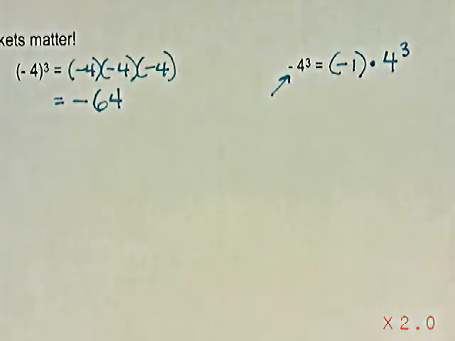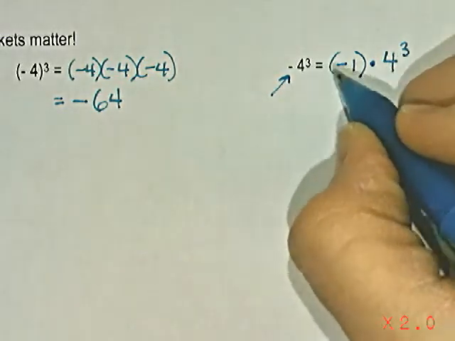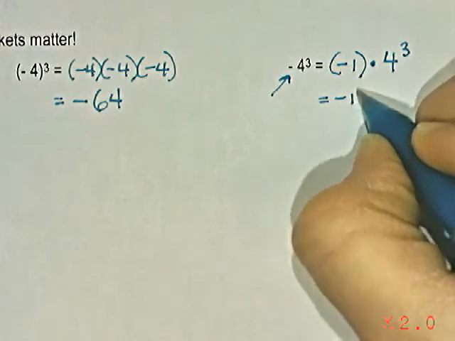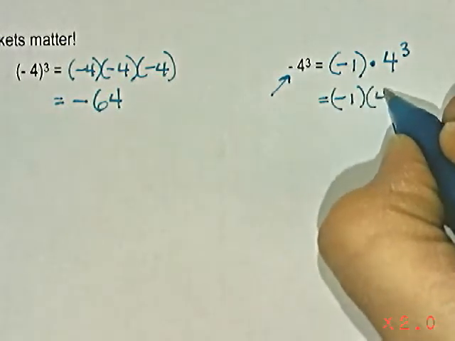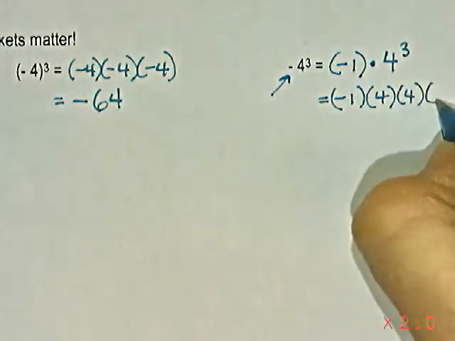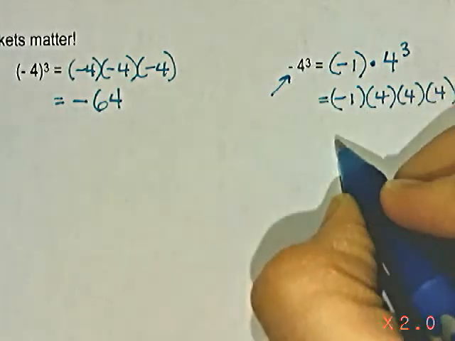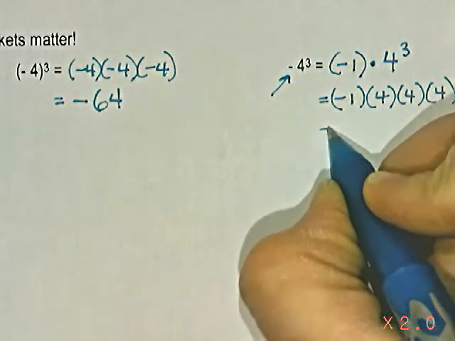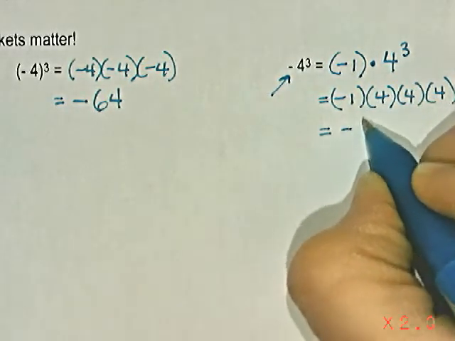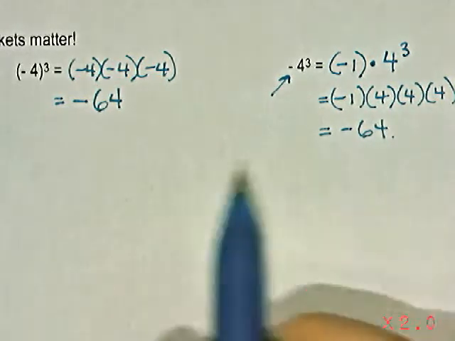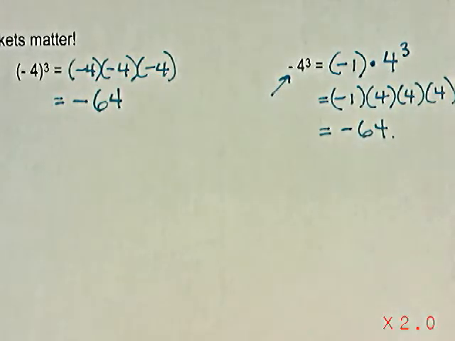It does not mean that my negative is multiplied 3 times. I have my negative 1 multiplied by a 4 3 times. Excuse me, only one negative in that entire mess. And so we get a negative 64 out of that deal. Now it came to the very same evaluated answer, but for a very different reason.